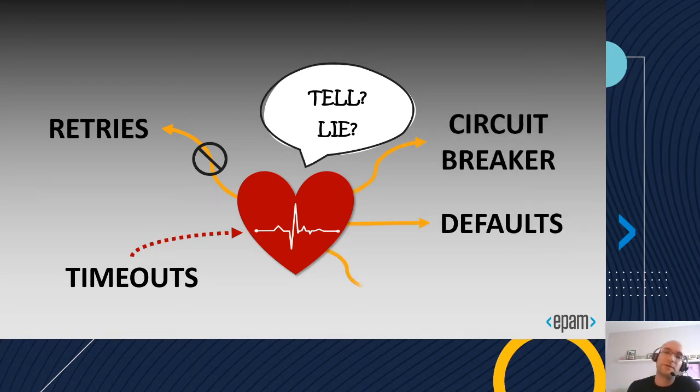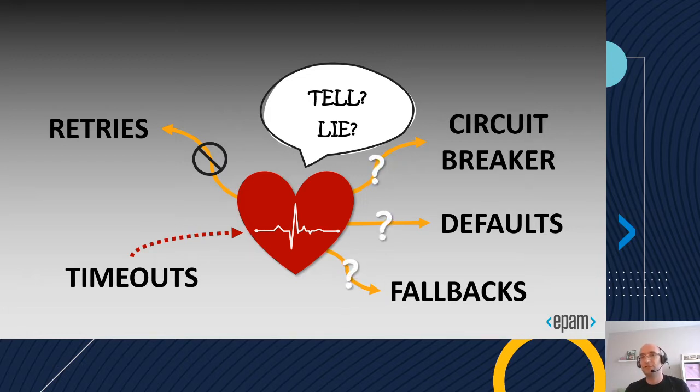But what about the other fault tolerance patterns that are a bit more complex, like circuit breakers, providing defaults, and providing fallback mechanisms? What's the relation with your health check implementation, and how can I fine tune my health check response with my circuit breaker configurations, which can be very complex?